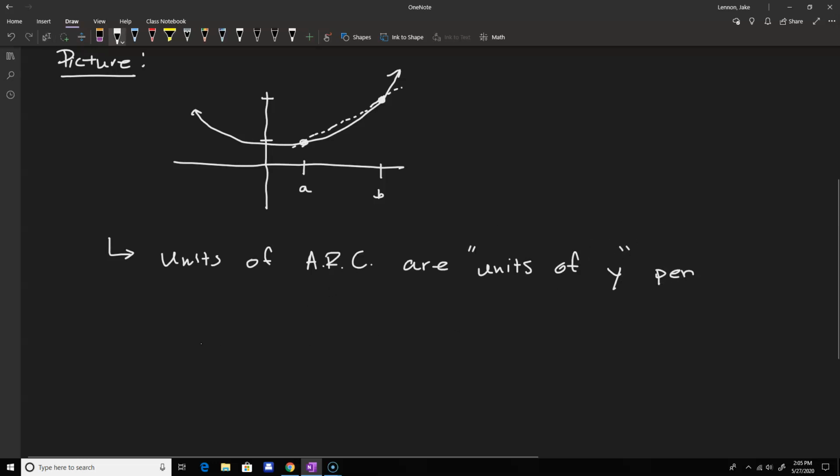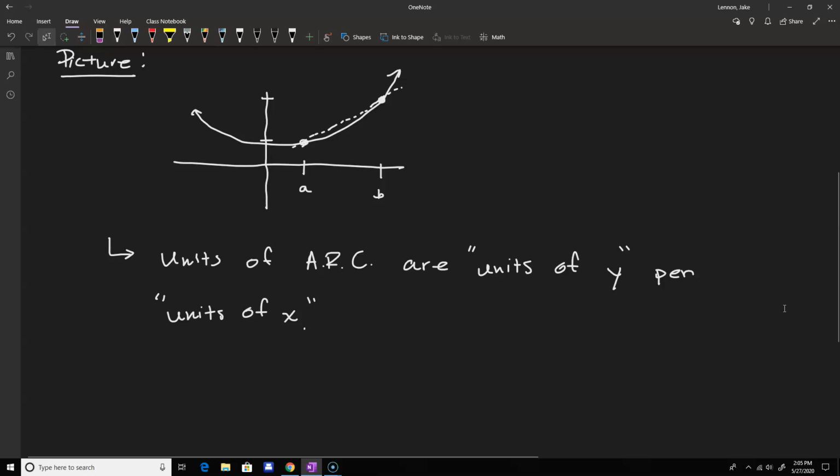So units of output over units of input. A concrete example might be you look at a function where the input is time and the output is displacement or distance, in miles, let's say, and time in hours, then your average rate of change would be your average speed, miles per hour. Nothing too tricky there.